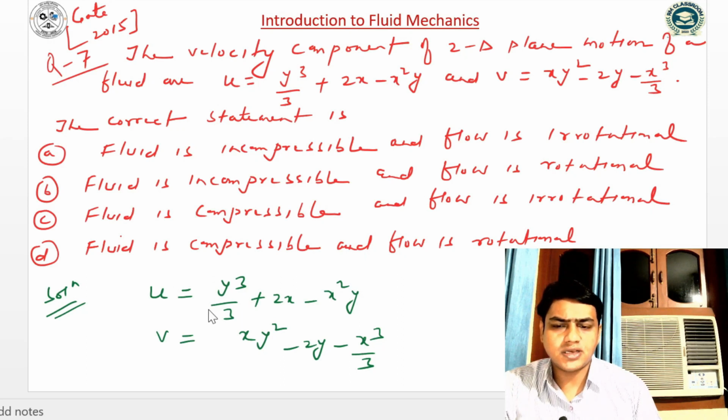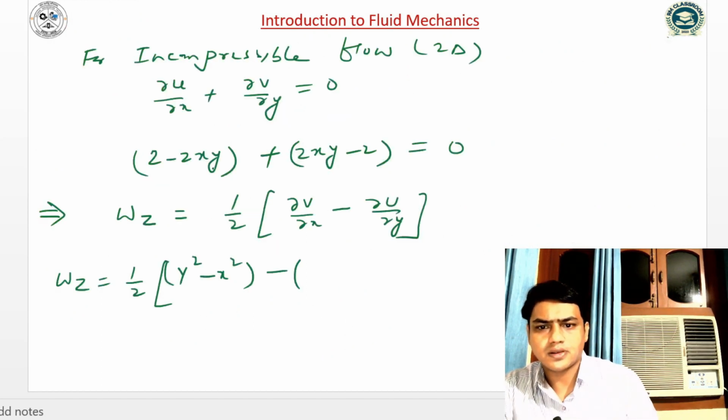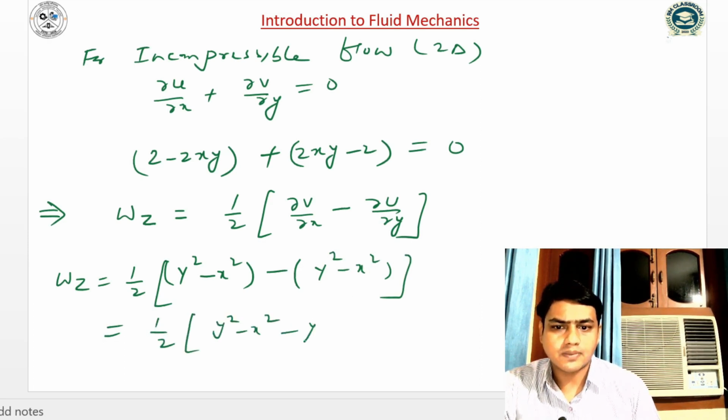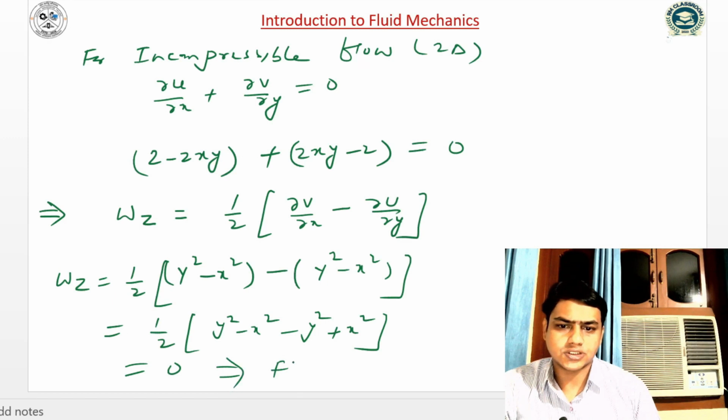Del u by del y is 3y squared by 3, so y squared minus x squared. So the value is 1 by 2 into y squared minus x squared minus y squared plus x squared. So omega z is also 0, which means the flow is irrotational.